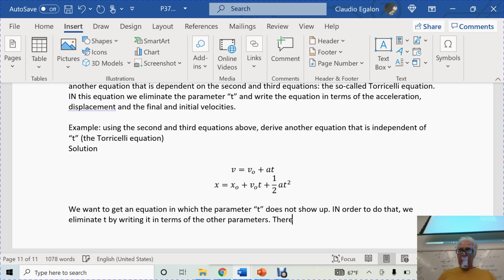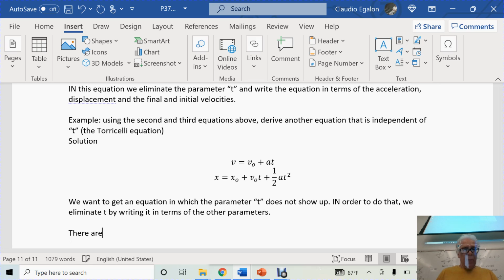There are two ways you can do that. Either you eliminate t using the equation below.